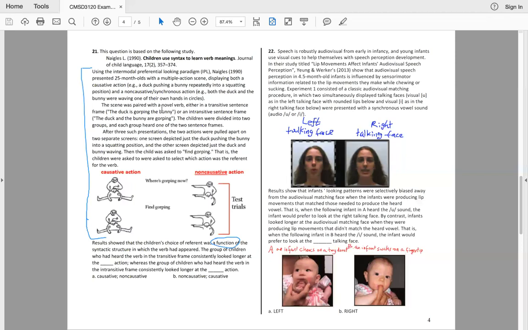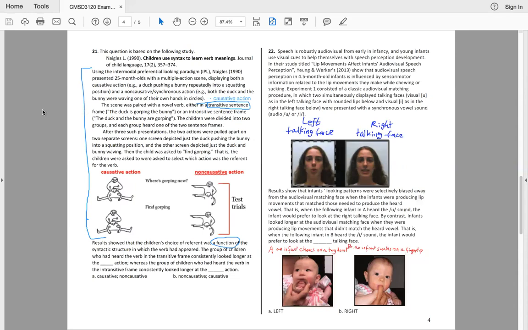So this is what we need to do. Transitive frame, causative action.